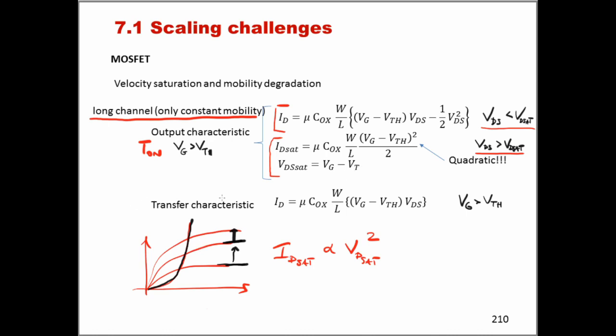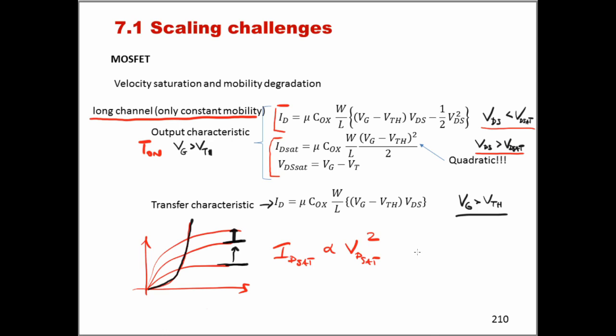And regarding the transfer characteristic, we've seen that for Vg, again, when the transistor is on, the transfer characteristic is given by this formula here. So this is for a long channel transistor that we've been dealing with up until a few slides ago.